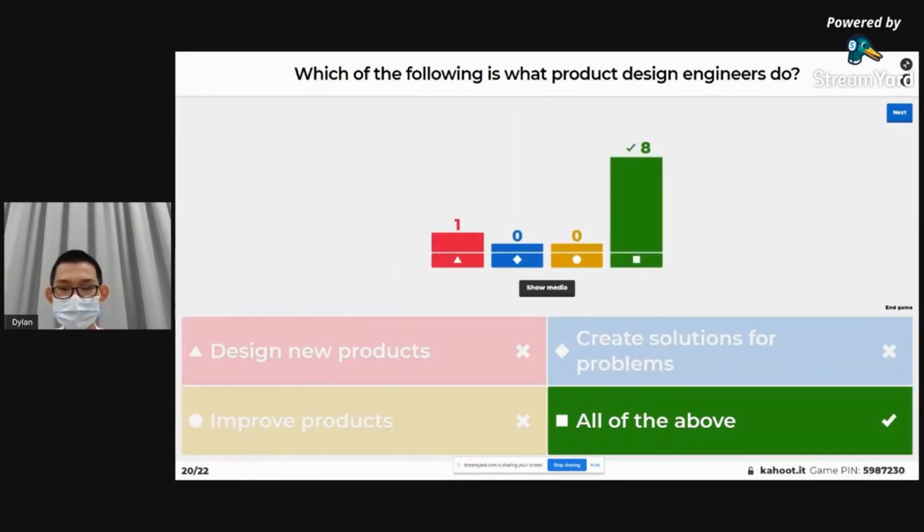The answer is indeed all of the above. Again, if you answered design new products, creating solutions for problems, and improving products, you are not wrong. Product designers, in particular, design new products and create solutions for problems, improve products by using different tools.